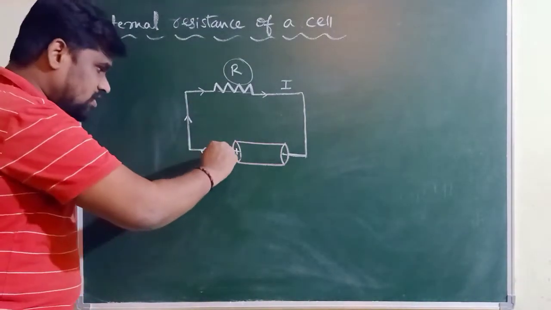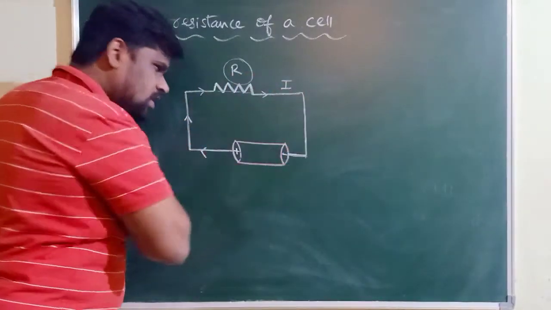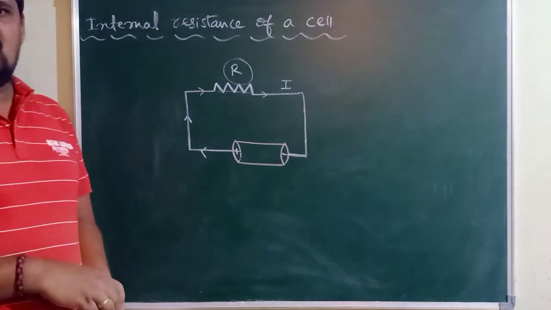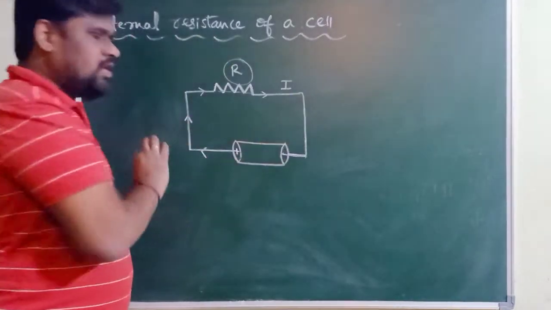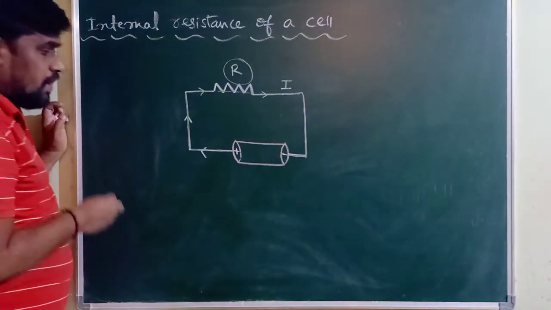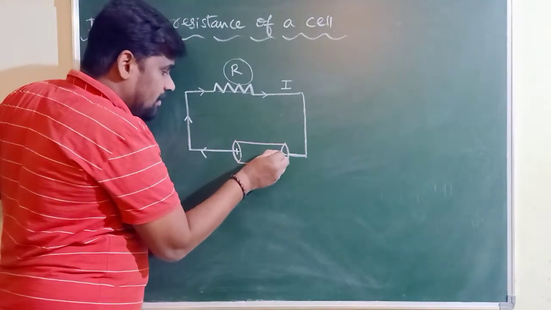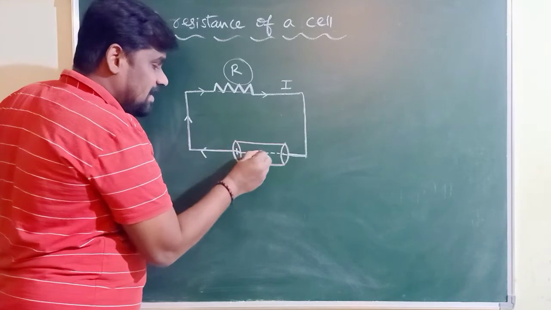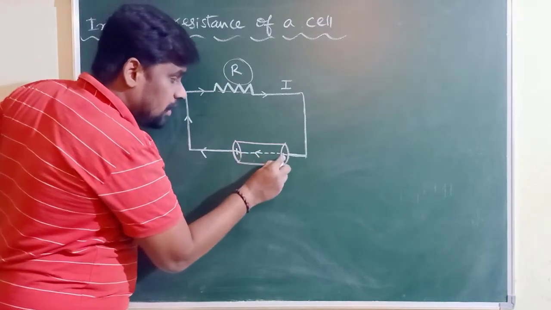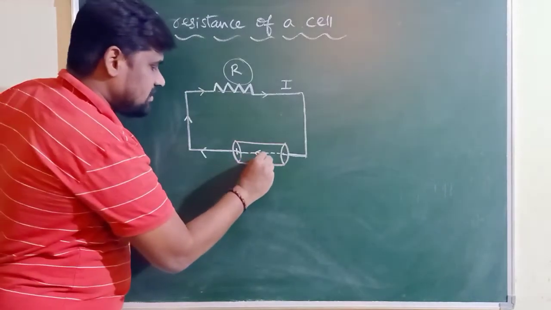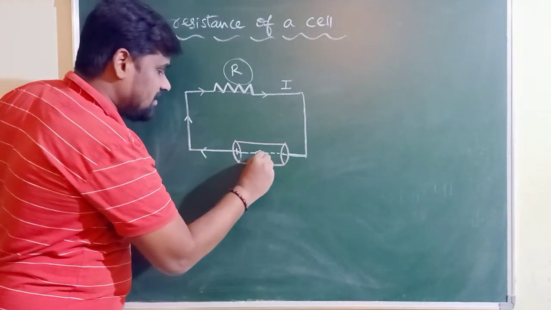The current is not only flowing through the external circuit, the current is also flowing inside the cell. But inside the cell, look at the direction of the current. The direction of the current inside the cell is from the negative terminal of the cell to the positive terminal of the cell. This is the current inside the cell.